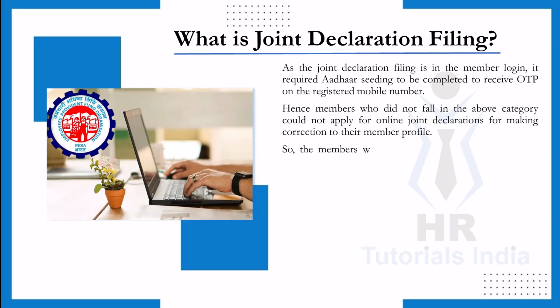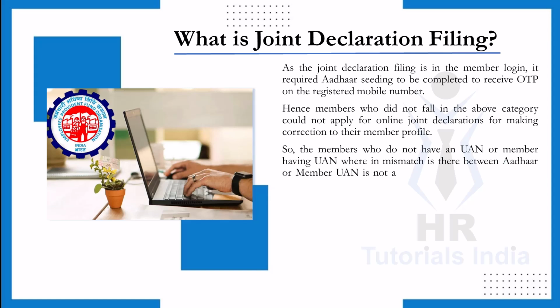So, the members who do not have a UAN number, or members having a UAN wherein there is a mismatch between the Aadhaar number and member UAN, or the member UAN is not activated or not linked with Aadhaar.